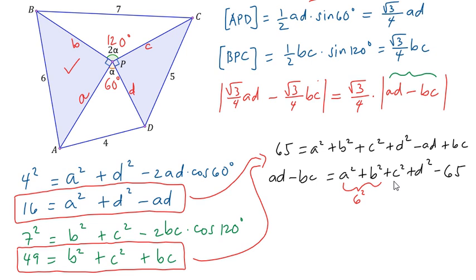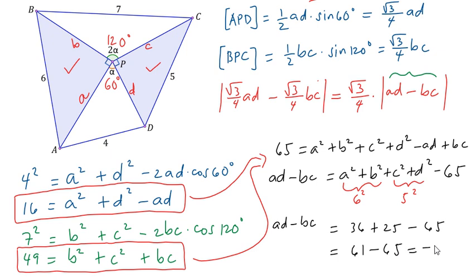Similarly, c squared plus d squared using this triangle is just 5 squared. And so, AD minus BC is equal to 36 plus 25 minus 65, or 61 minus 65, and that's negative 4.